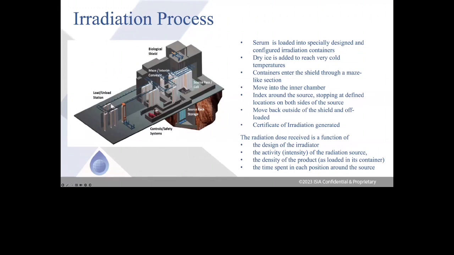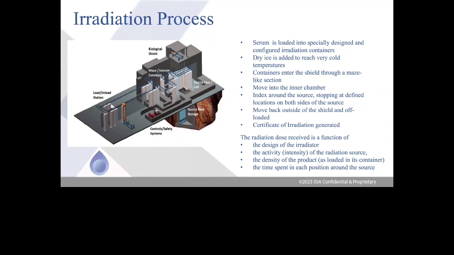Those containers then are moved all the way through this maze and into the source chamber. The maze is to protect the outside from the irradiation from the cobalt that's in the source chamber. Once it gets into the source chamber, it's moved around and it stops at a couple of defined locations on both sides of the source. Then it comes back outside down this way and is unloaded at this point.